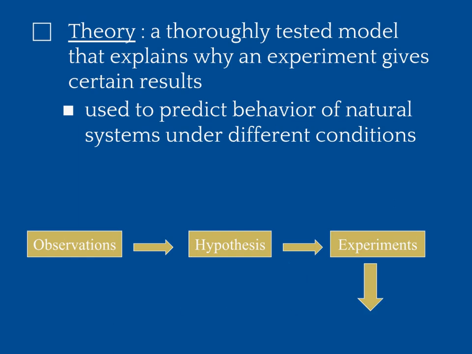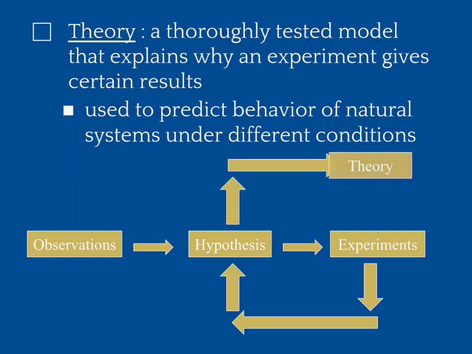The experiments are either going to prove or disprove your hypothesis. If it disproves your hypothesis, what do we do next? Make a new hypothesis, and finally test it again. Eventually, if we can prove our hypothesis over and over again, that's going to lead us to our theory.